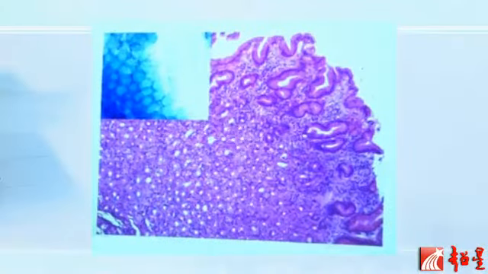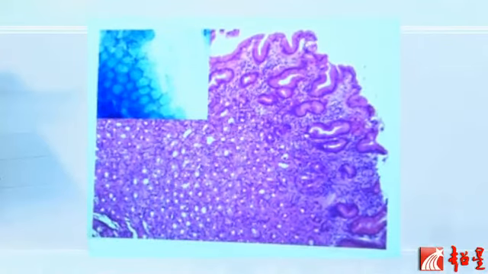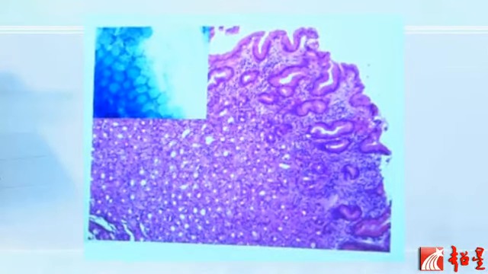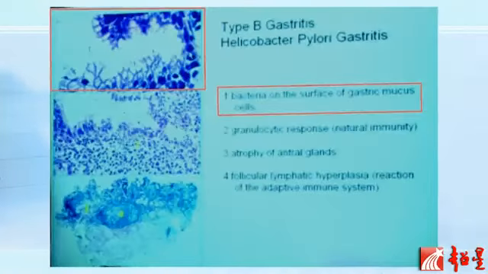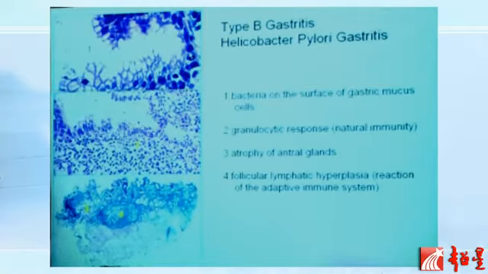The immune reaction cannot eliminate the bacteria in this special location. So here shows us type B gastritis. We can see on the surface of this mucosa we find the bacteria HP.